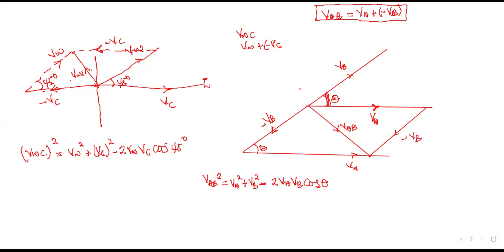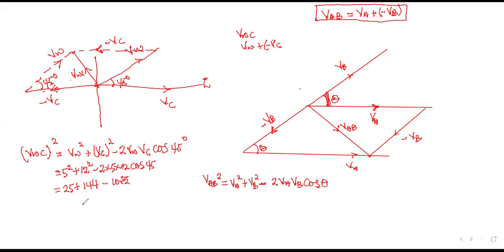So when you put in the values, you have 5 squared plus 12 squared minus 2 times 5 times 12 times the cosine of 45. So 25 plus 144 minus 10 root 2.